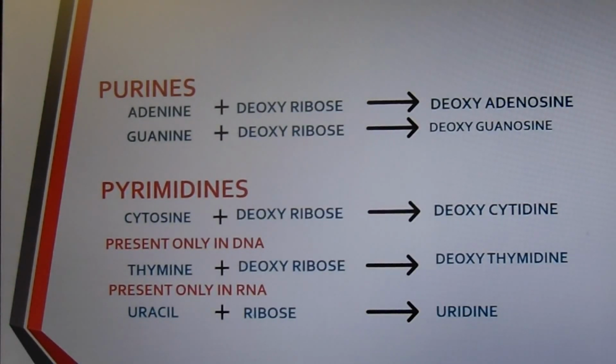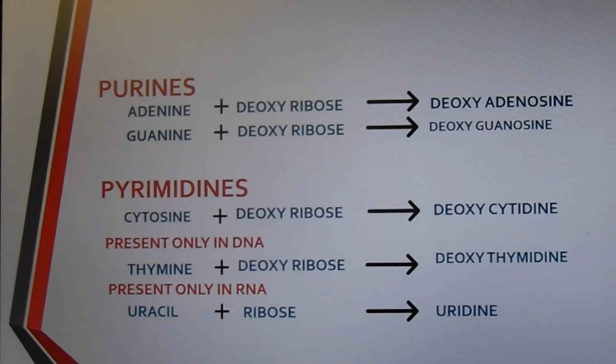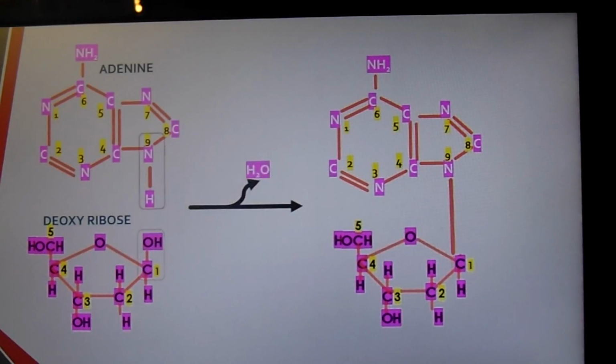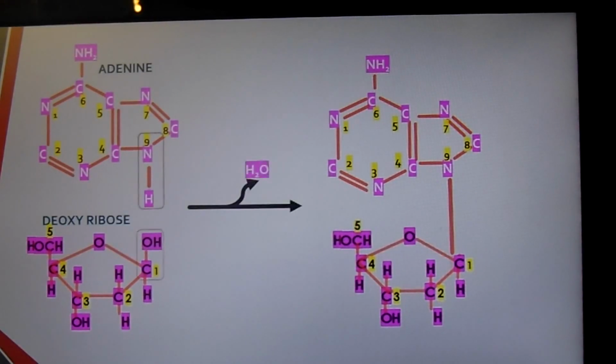Now let us see how these molecules combine with each other. When a purine combines with a pentose sugar, chemical reaction occurs between nitrogen at position 9 of a purine and carbon 1 of a pentose sugar.